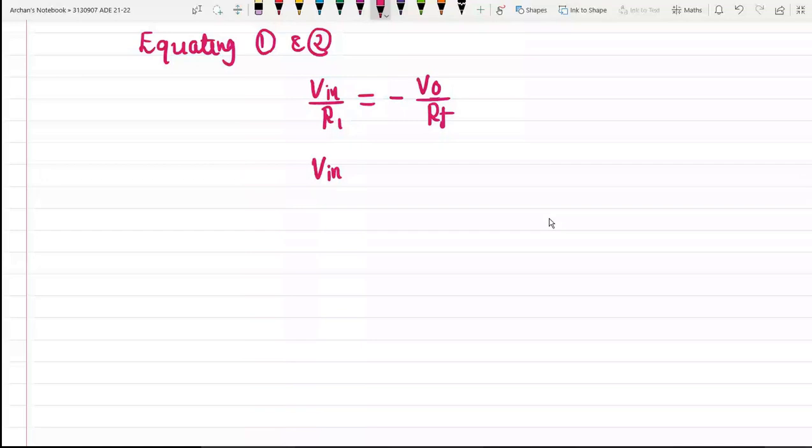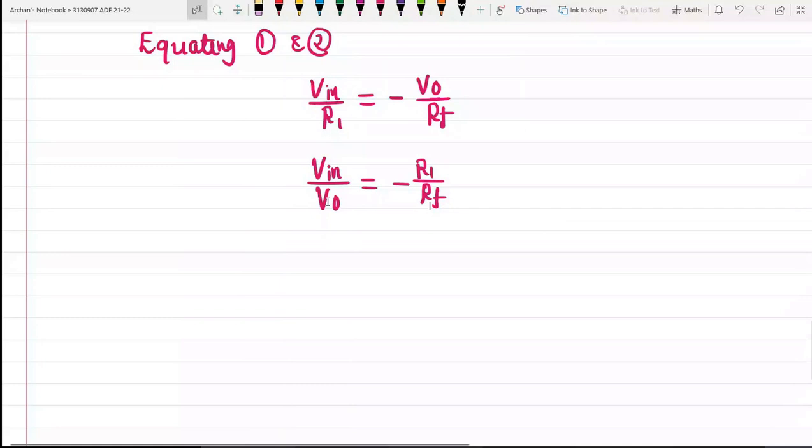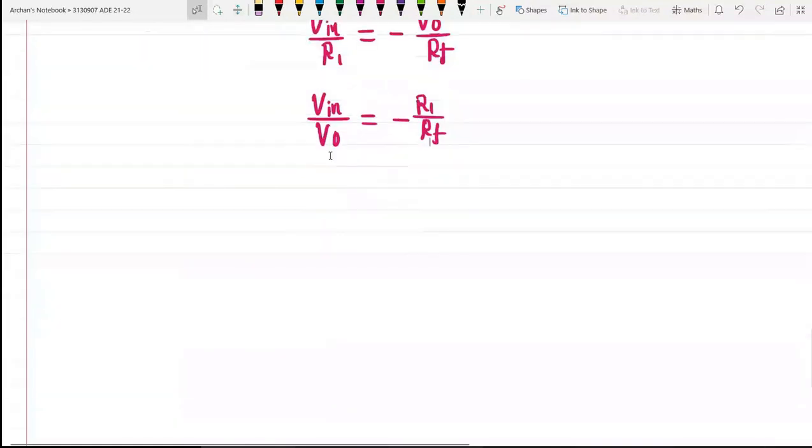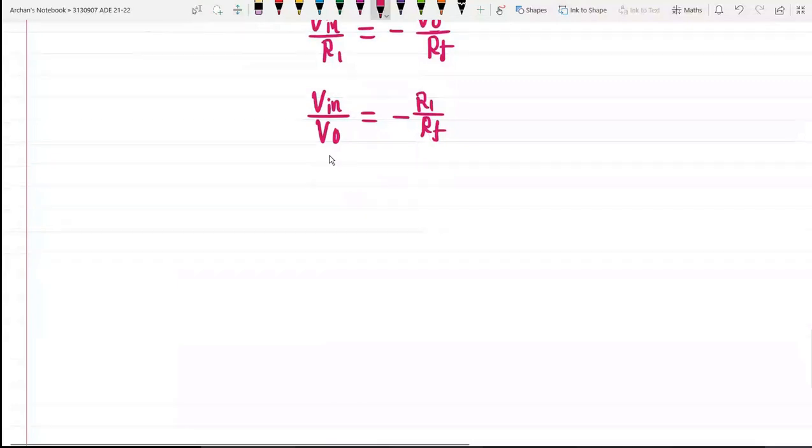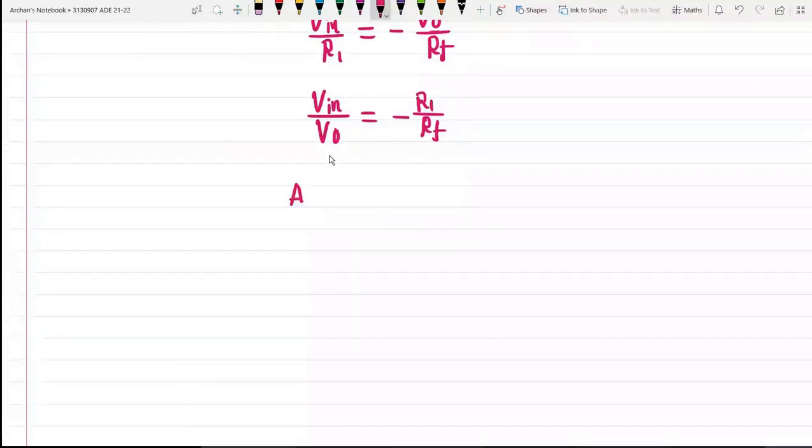Now if we recall our ratio, what is the ratio of output voltage to input voltage? It is called gain. So gain, let us say AVF is my gain, is nothing but the ratio of output voltage to input voltage, that is V0 by V in. And what is V0 by V in? It is minus RF by R1.